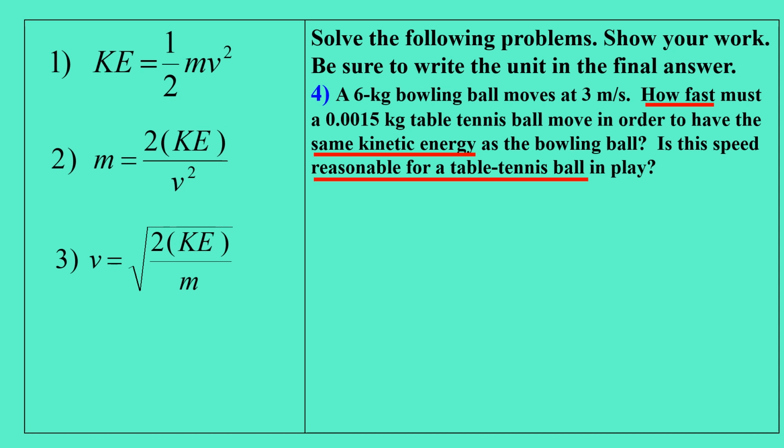Is this speed reasonable for a table tennis ball in play? There are two parts to the solution of this problem. First, we solve for the kinetic energy of the bowling ball and then use that kinetic energy to find the speed of the table tennis ball.